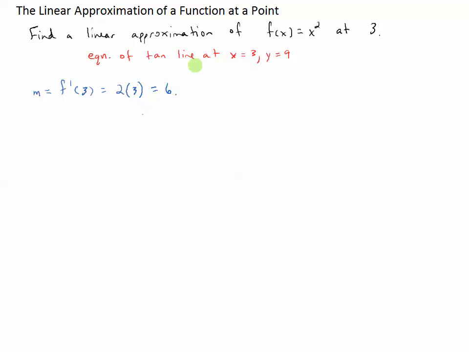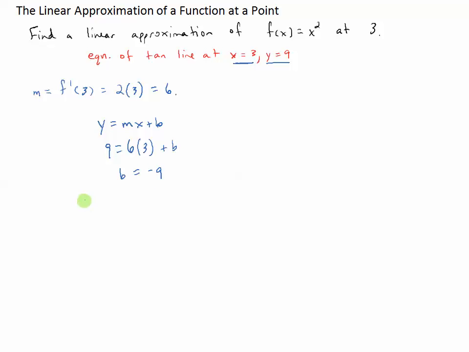So the tangent line equation is of the form y equals mx plus b. We know that m is 6. We know that an x that we can use on that tangent line is 3. We know that y we could use is 9. So 9 equals 6 times 3 plus b, so b would be 9 minus 18, which is negative 9.